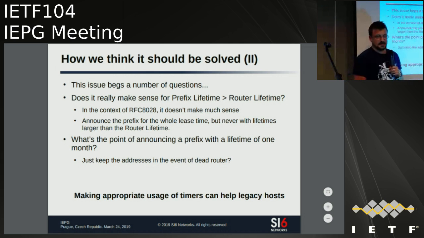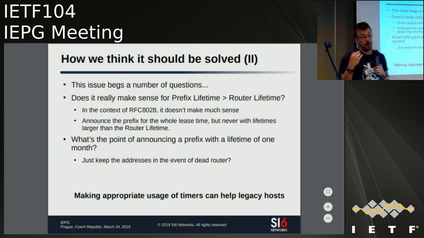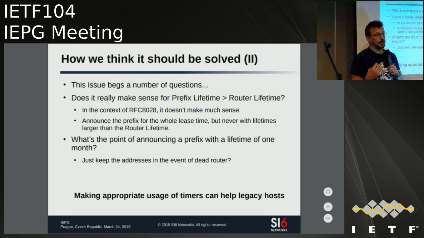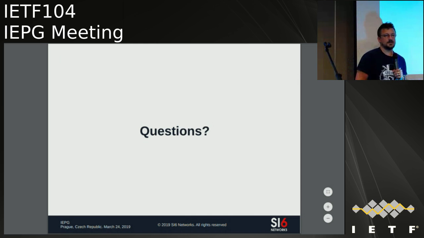So in that sense, if one were to cap the maximum value that one honors for the prefix lifetime, one could limit the amount of time that this breakage lasts on the network. I don't know if there are comments or questions.